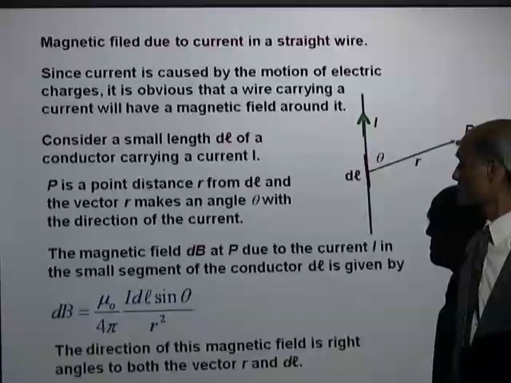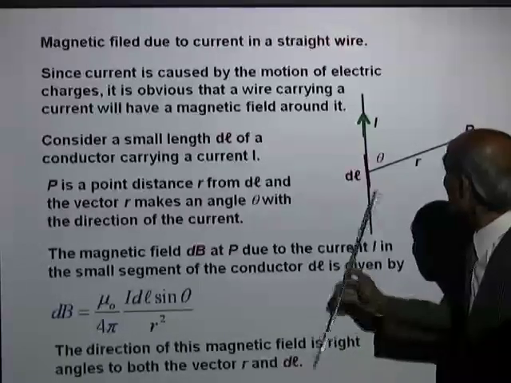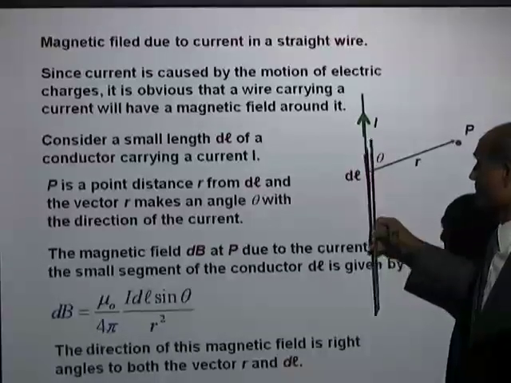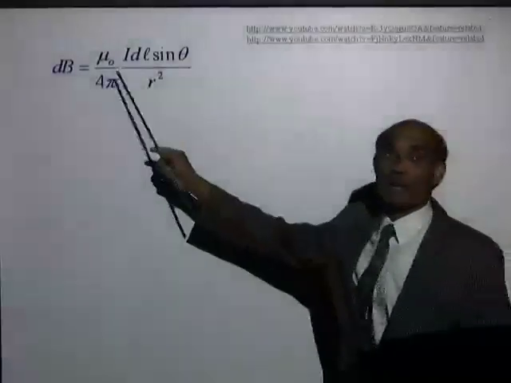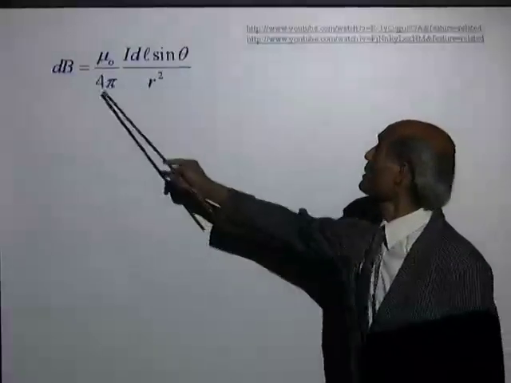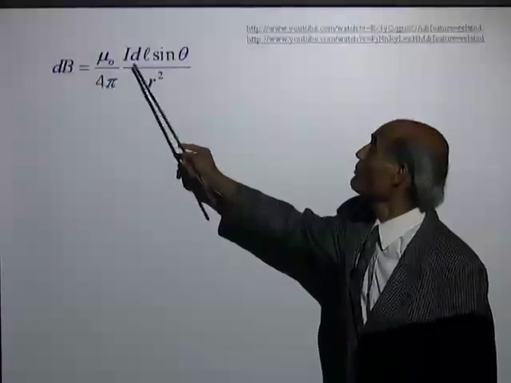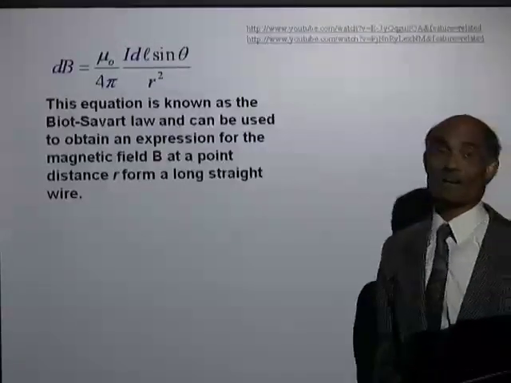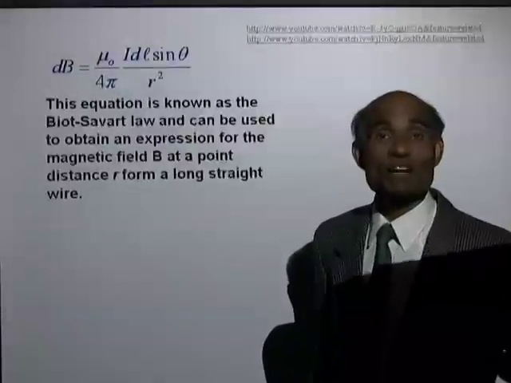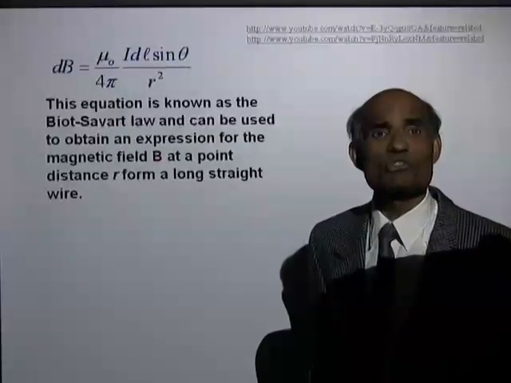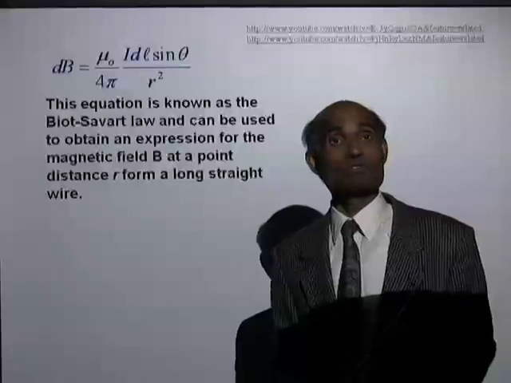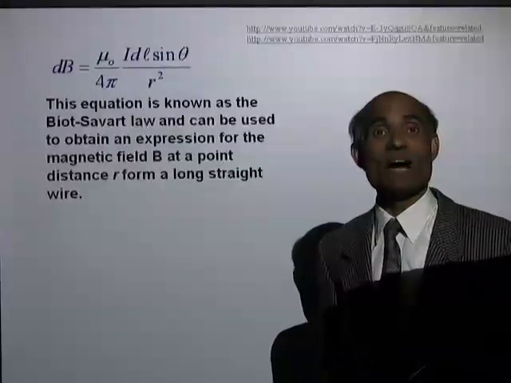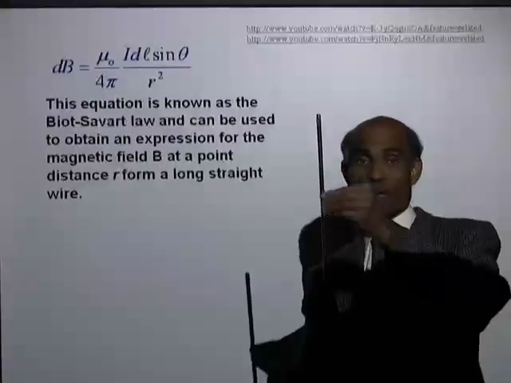The direction of this magnetic field is at right angles to both the r vector and dl. So we got that expression back here. dB equal to mu0/4 pi I dl sine theta over r squared. Now, this equation is actually known as Biot-Savart law and can be used to obtain an expression for the magnetic field B at a point due to a straight wire.